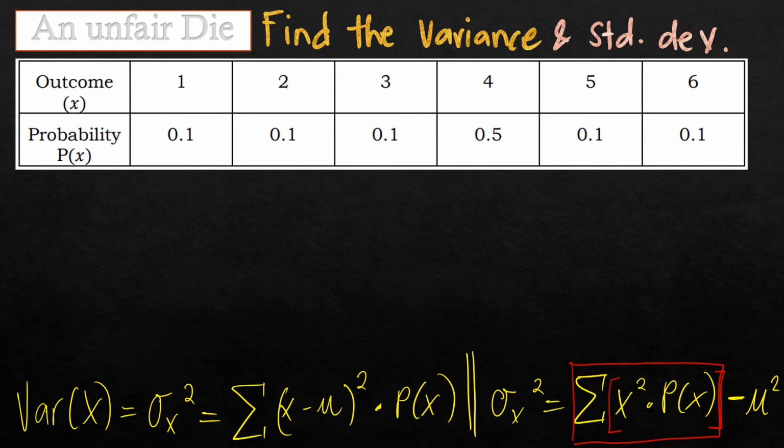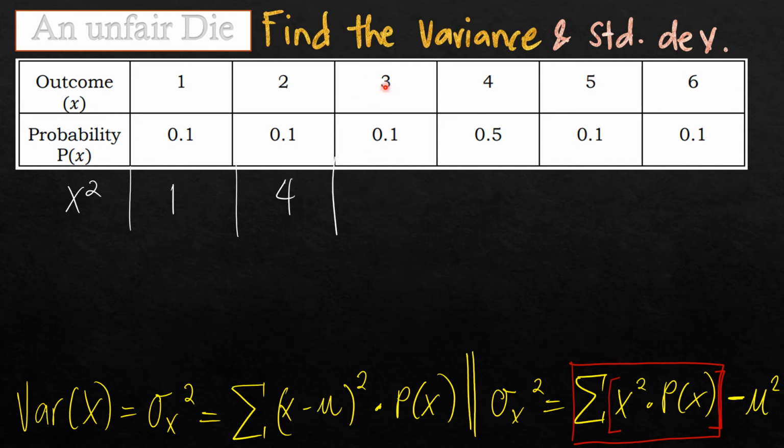Since the problem says we need x squared, we put another table for x squared. So our x values, we square them starting from 1. 1 squared is equal to 1. Next is 2 squared is equal to 4.